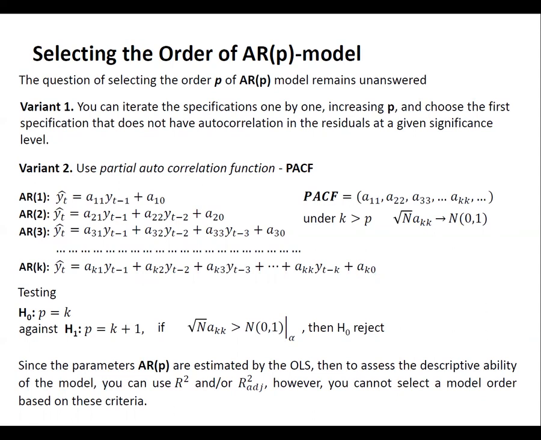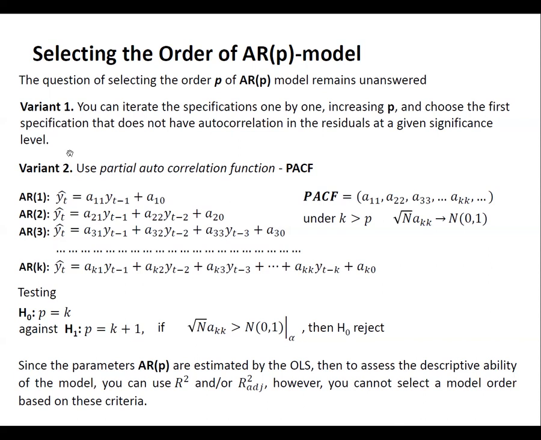The first option is when we iterate through the specifications of the model one by one, each time increasing the order P, and as a result choose the specification in which there is no autocorrelation in residuals at a given significance level. Autocorrelation in the residuals is checked using the Ljung-Box test. That is, we sort through the models one by one. First AR1, we check the autocorrelation of its residuals.